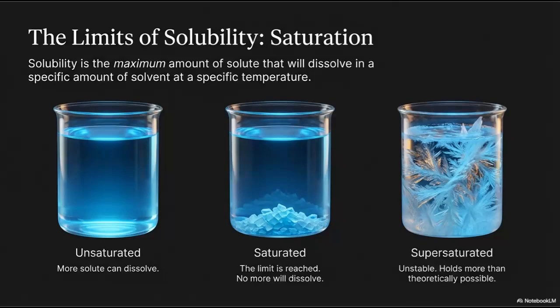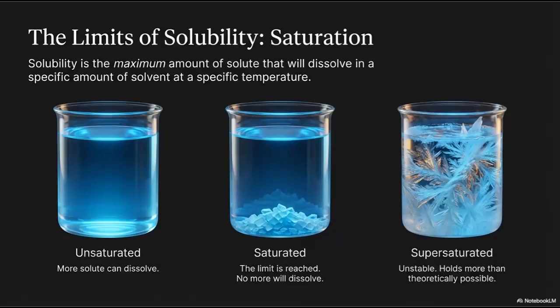So when you mix solids into liquids, one of three things can happen. It will dissolve, which will be an unsaturated case where it's diluted. The more salt you add, it becomes more saturated, less diluted, until it reaches a point where you cannot dissolve anymore. That point is the saturation point.